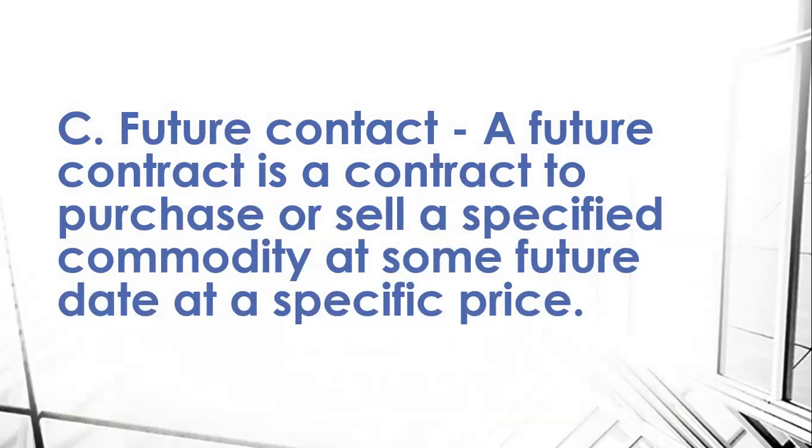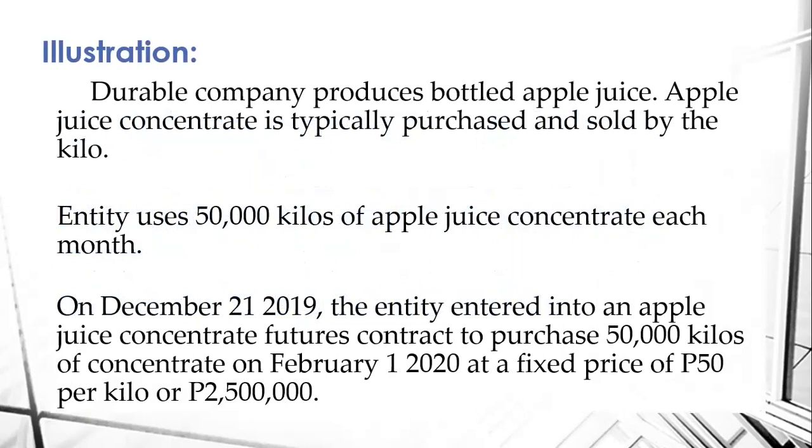So, futures contract. A futures contract is a contract to purchase or sell a specified commodity at some future date at a specific price. So we have an illustration. The Rubber Company produces apple juice. Apple juice concentrate is typically purchased and sold by the kilo.